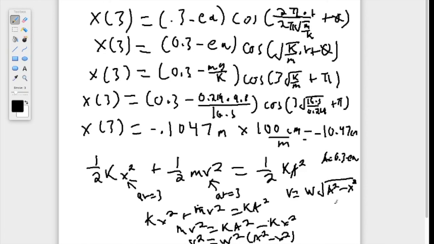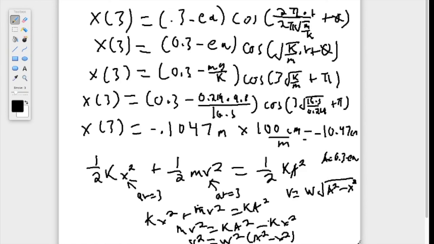So basically for this you should make sure that the amplitude and the position at time equals 3 have the same units.